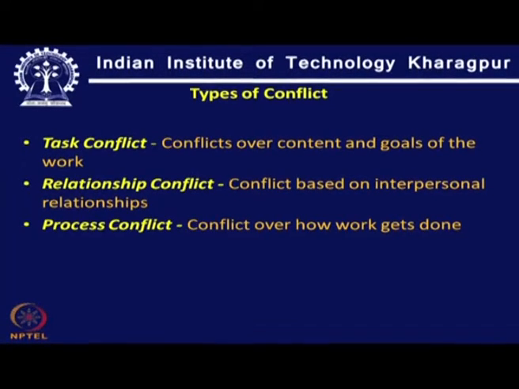But a dysfunctional conflict is more relationship oriented, and it is based on interpersonal relationships. This may sometimes turn a functional conflict into a dysfunctional conflict, because due to personal likes or dislikes between the persons involved in the conflict, a situation of blaming each other starts, and the main issue of the conflict goes out of hand.